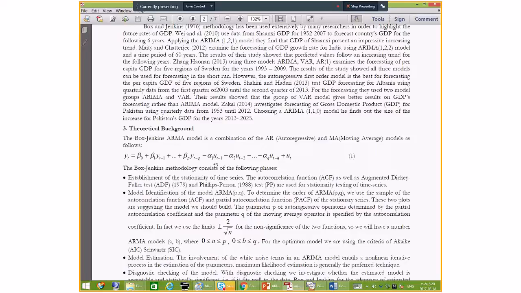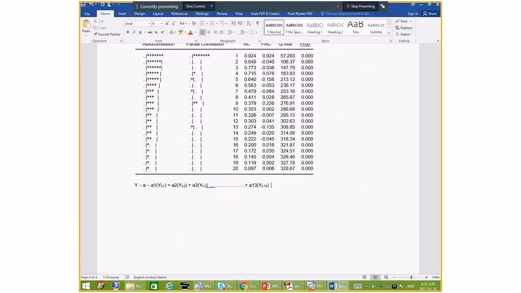Then minus u t minus 1 plus the error u t. Right, this is the model of 13.